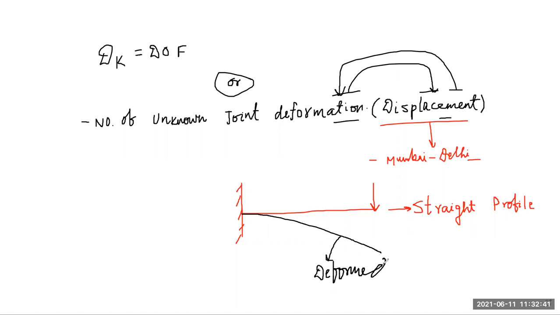So basically this is the deformation which occurs in this cantilever beam. Deformed shape means first the profile is straight. Now the profile of this cantilever becomes curved. So this is the curved profile.